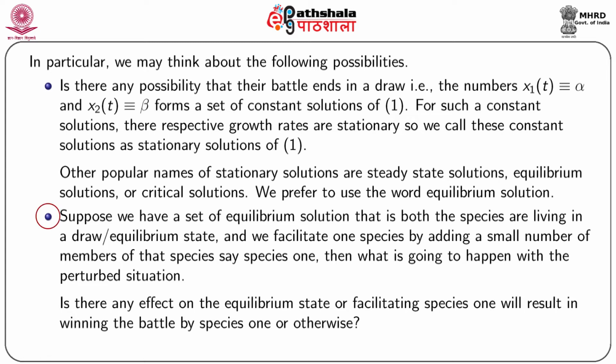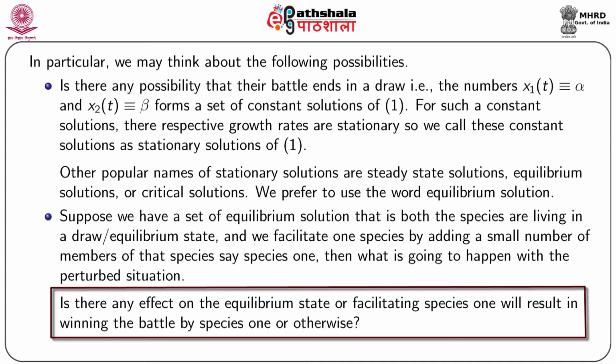Suppose we have a set of equilibrium solutions, that is, both the species are living in an equilibrium state, and we facilitate one species by adding a small number of members of one species, say species 1. What is going to happen in this perturbed situation? Is there any effect on the equilibrium state, or will facilitating species 1 result in winning the competition by species 1 or otherwise?